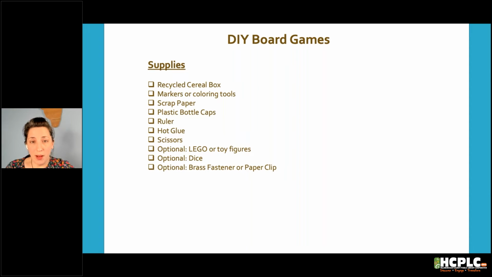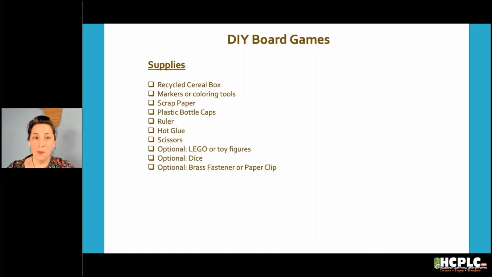I used some cereal boxes that I cut up, and I used crayons and markers to draw on what we were going to do. You could also do that with just scrap paper, or maybe you have a hard time using crayons, maybe you have a hard time manipulating things with your hands. So maybe you'll use your computer to create a design and you'll just print it out on a sheet of paper. That works great as well.